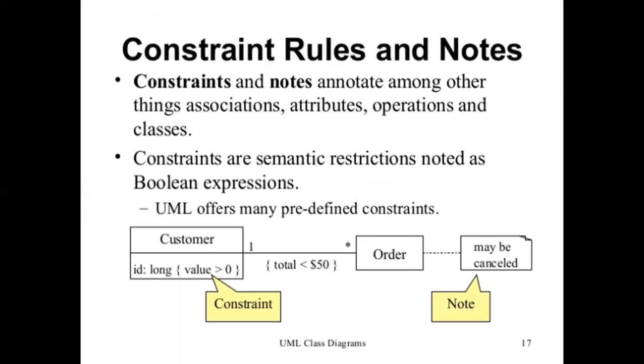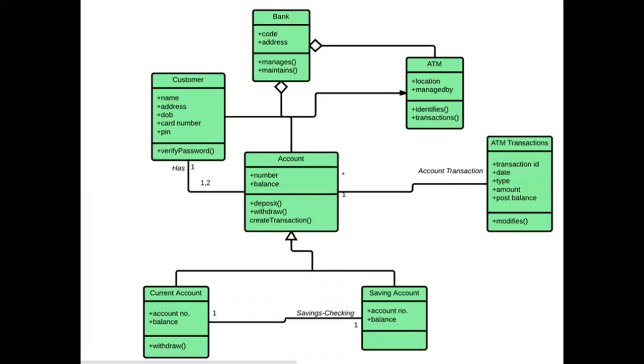After identifying the relationships, you must define the constraints and notes. Constraints mean that if there are any restrictions on a particular attribute value, you must represent them by constraints. And any comment lines are represented by a note. Finally, we design the class diagram.